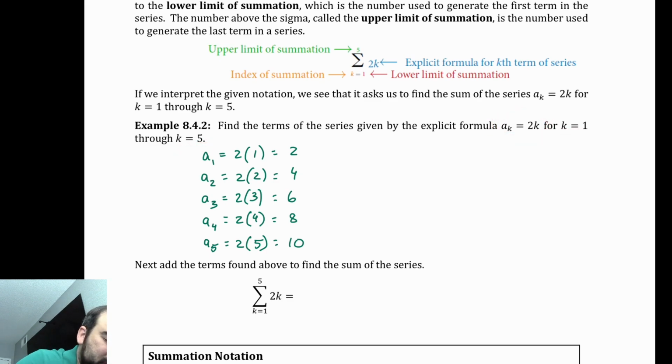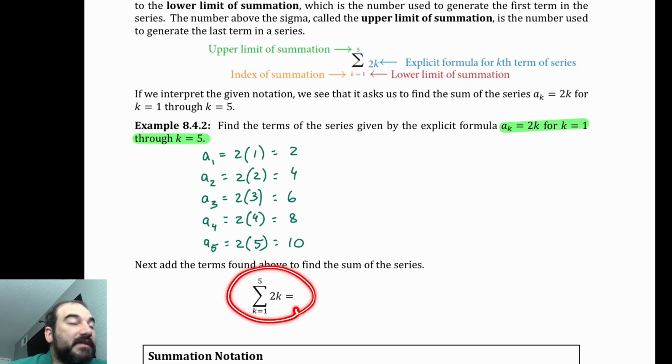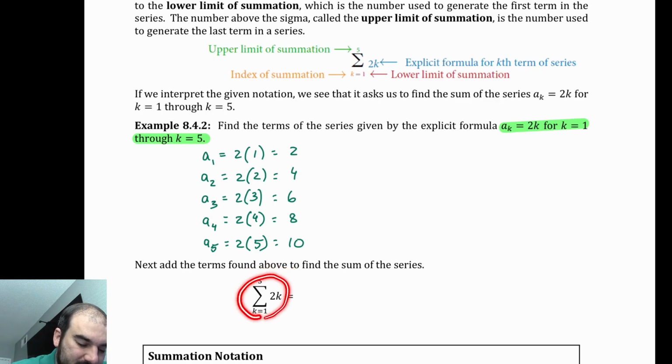Now this description here, where the formula is that and we're going k equals 1 through 5, is represented down here at the bottom in sigma notation, right? When I look at this, I see, okay, we're going to add some terms together. This is the formula for finding the terms. And we're going to start at 1 and we're going to stop when we get to 5.